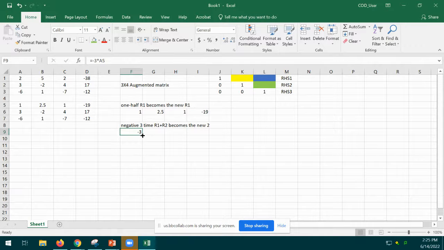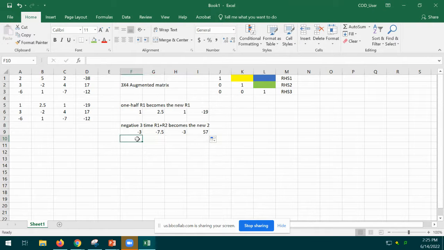But then I'm just going to pull this over 1, 2, 3. And you see, I get -3, -3, and I should have pulled it over one more. And I get 57. So that's what I get when I do -3 times row 1 plus row 2.